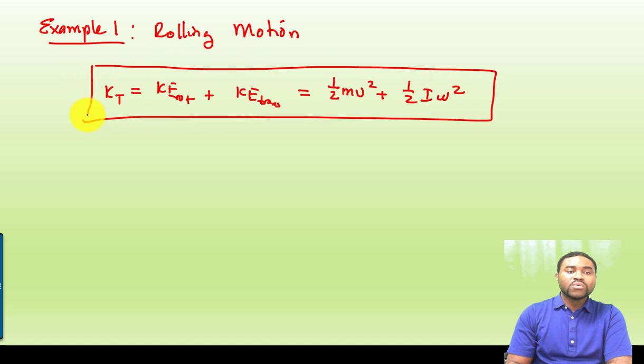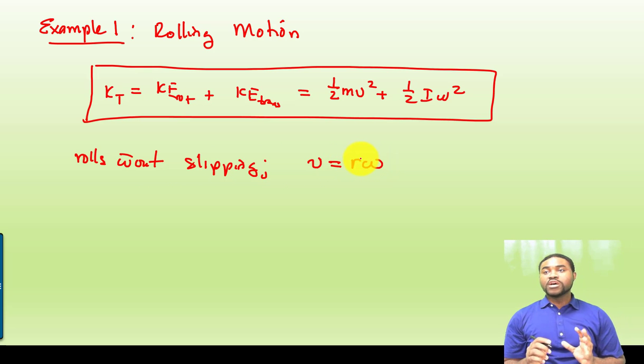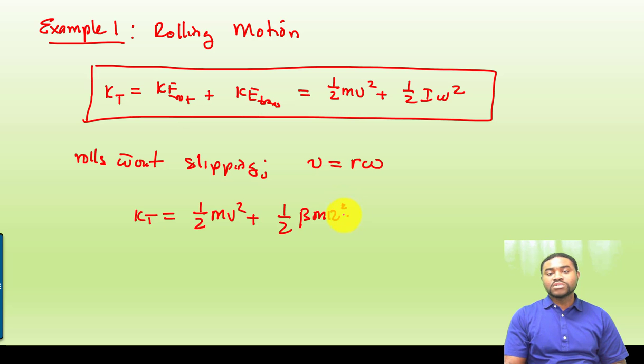Now, when an object rolls without slipping, v is equal to R omega. That equation only applies if an object rolls without slipping, in which case the total kinetic energy will be given by half mv squared plus half beta mr squared times v squared over r squared.